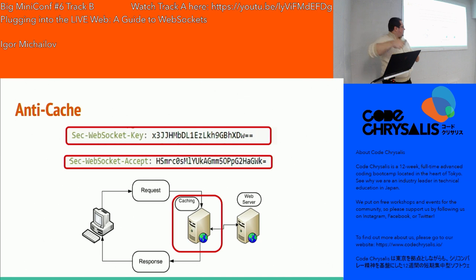At that point, your client would think a connection is established, but your actual server would have no idea what's happening, because the request never reached it. For that reason, WebSockets always send a unique element so that none of the caches can say, I've seen this already. That was a very interesting tidbit that I found.